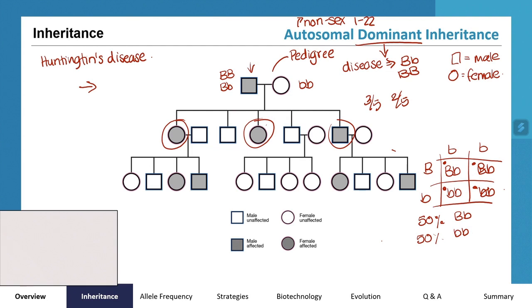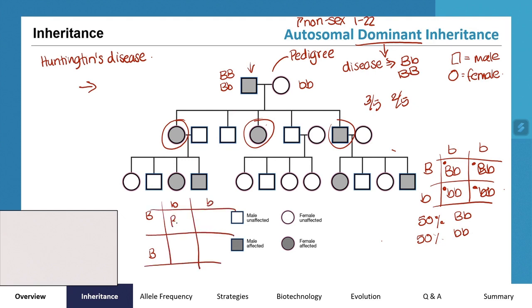But if we take the alternate option and say that the father was homozygous, I'll just do the Punnett square down here. Homozygous with the recessive mother, and then draw the grid.